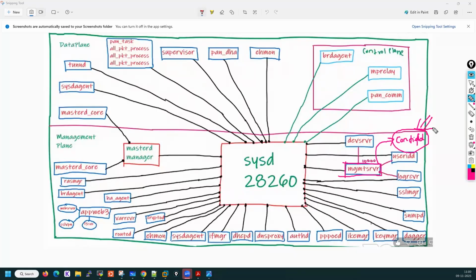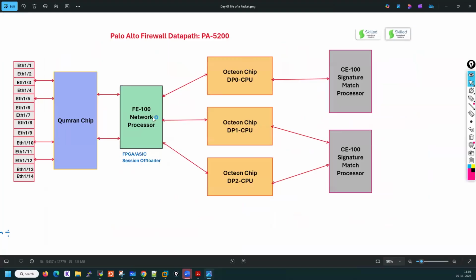If your config size is big, definitely it will take some time. But if your commit is happening very slowly, have you seen your traffic also not moving at that time? Do users face slowness? No, they never face slowness, right? Commit is a part of your management plane. It's not dependent on the data plane. And this architecture is only for the data plane. The management plane is totally separate.